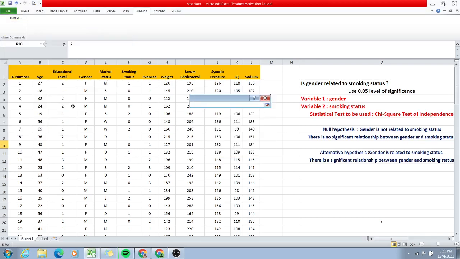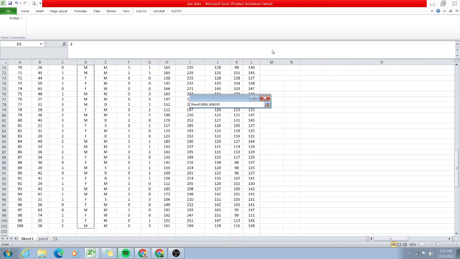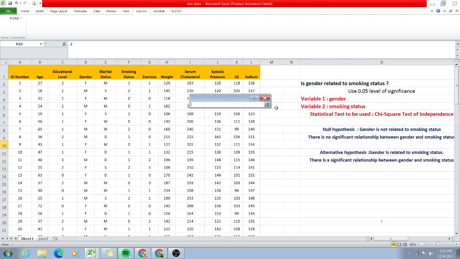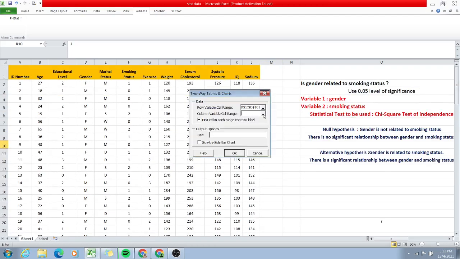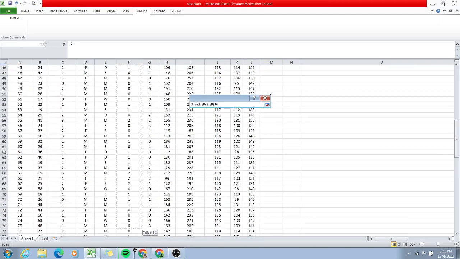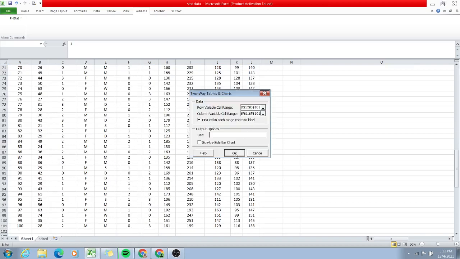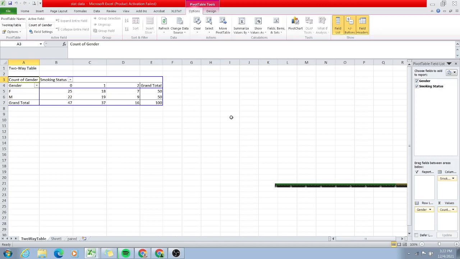For the row variable cell range, click gender up to the last data under gender, and for the column variable cell range, highlight the values up to the last value under the column smoking status. Then click OK. So this is now the contingency table.